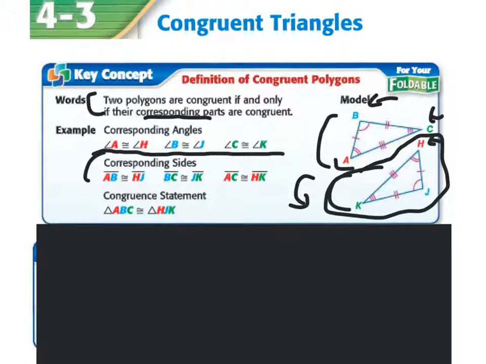A mistake students make is they'll write the second statement as triangle KJH or some different order. Since the red one is first here, the red one or its corresponding part must be first there. Likewise for the other pieces.